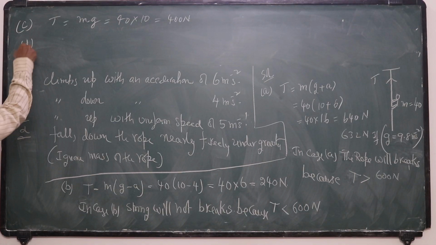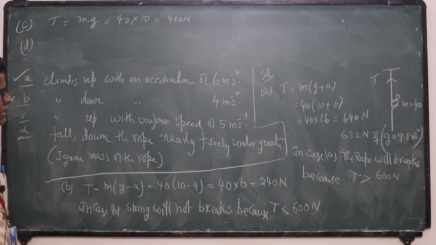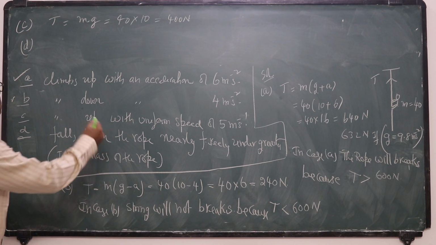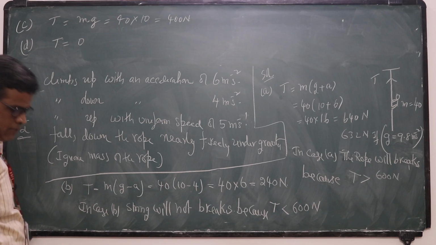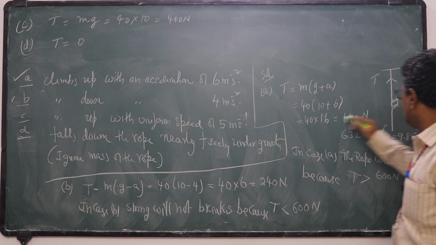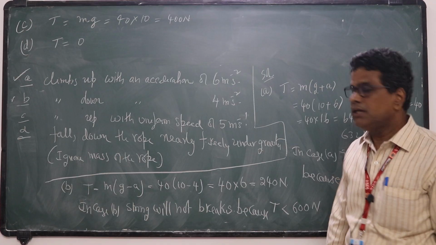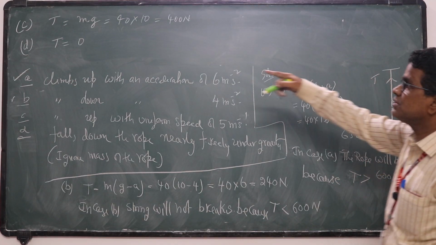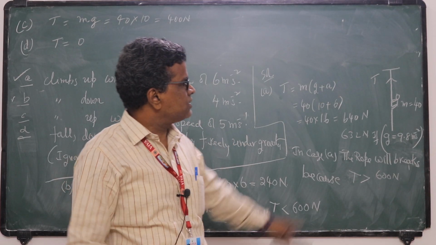Next D, if it falls nearly freely under gravity, the apparent weight, that is the tension in the string, is 0. If the monkey falls down the rope with acceleration equal to acceleration due to gravity, the tension becomes 0 because the string becomes loose.